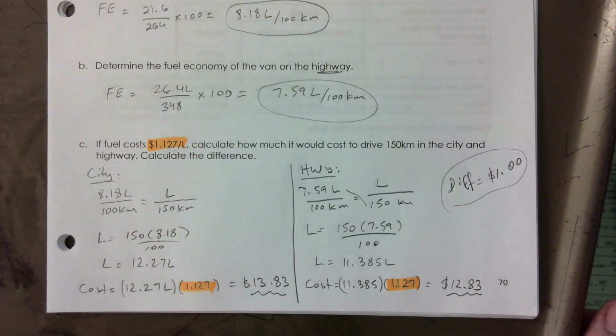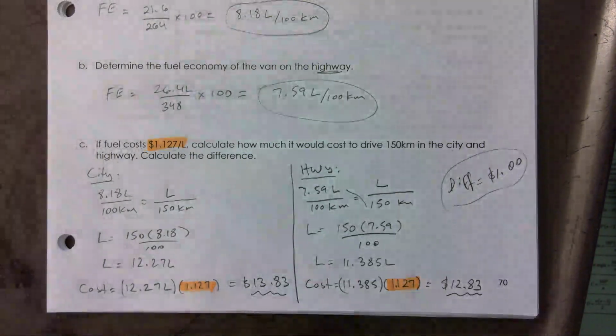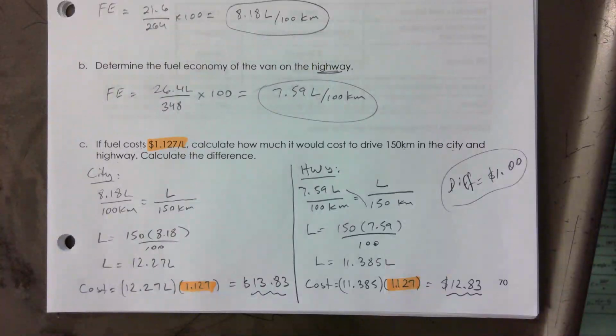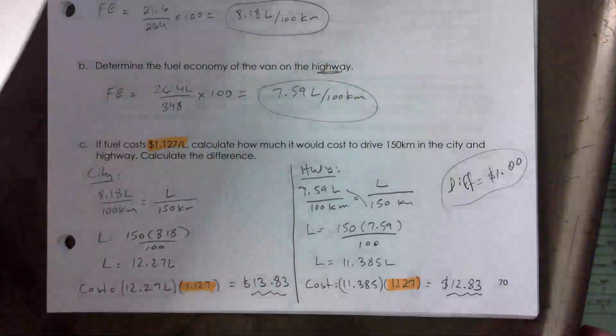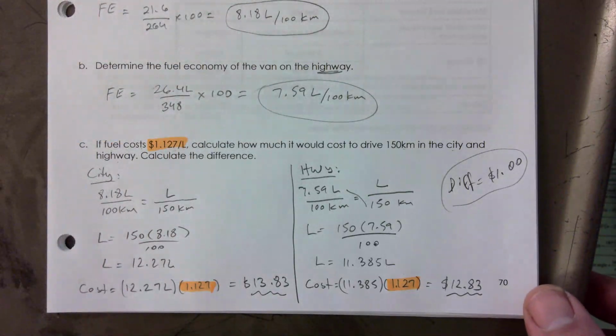So there you have it, fuel economy one more time. All of these are posted, pages 69 all the way to 74. It's on the fuel economy worksheet on page 69.